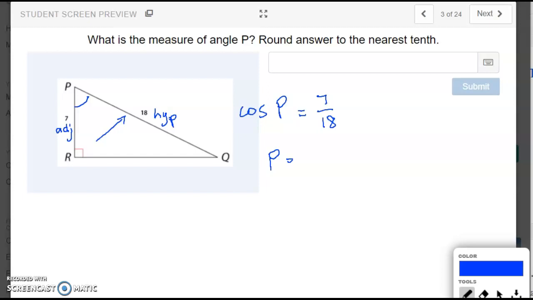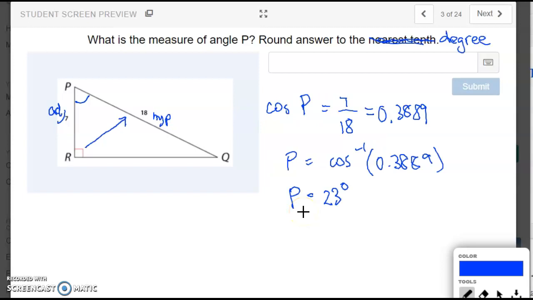You are going to put cosine, and where P was, you're going to put this ratio here, and you're going to put the inverse symbol here. So you are looking for inverse cosine of 7 over 18. And when I look that up in the trig table, 23 degrees is the closest. So I know that this angle measure is approximately 23 degrees to the nearest degree.